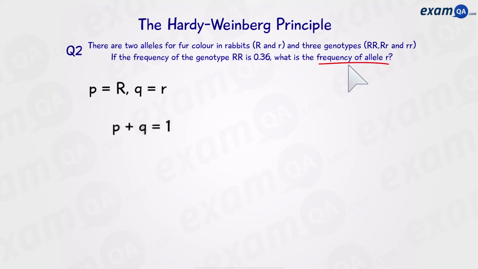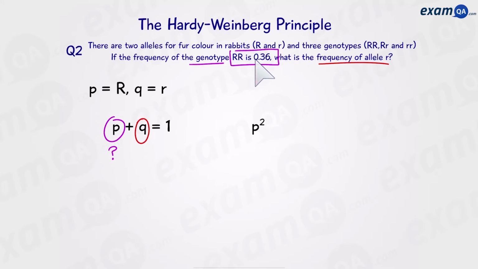So once again, we're going to need the equation p plus q equals 1. We want to work out q, so that means we need to work out p. Our goal is to work out the value of q, which represents small r. However, we haven't been given p. Instead, we've been given a genotype, big R big R, and that's 0.36.